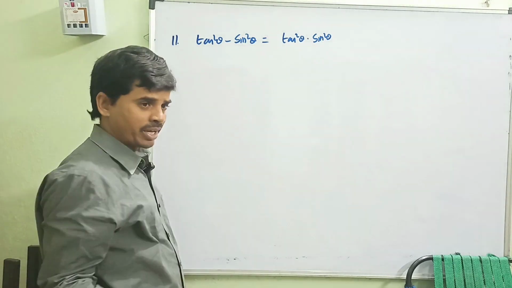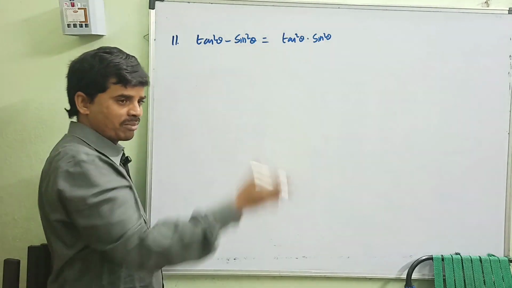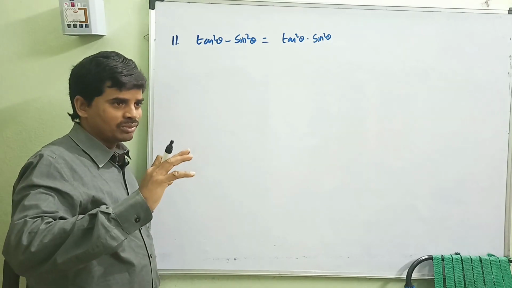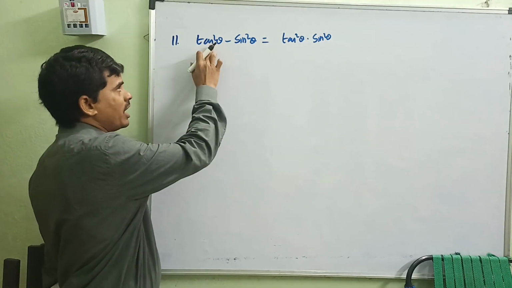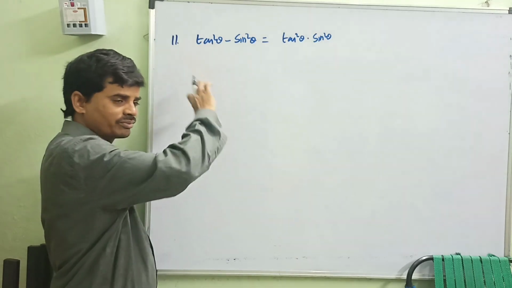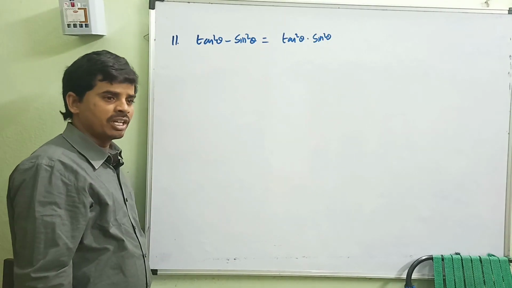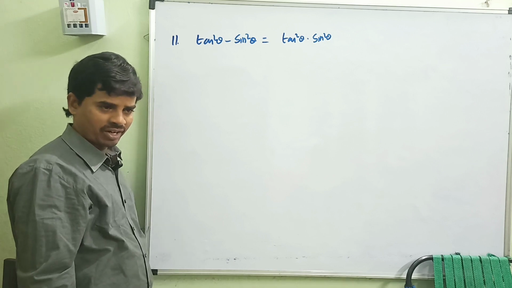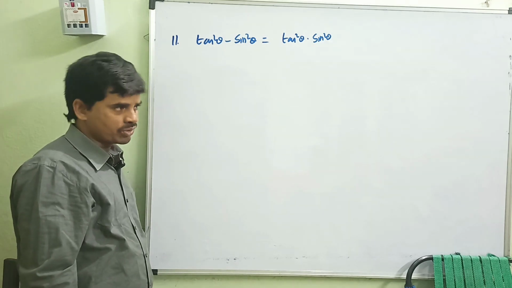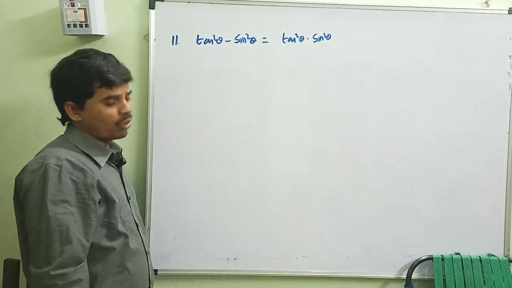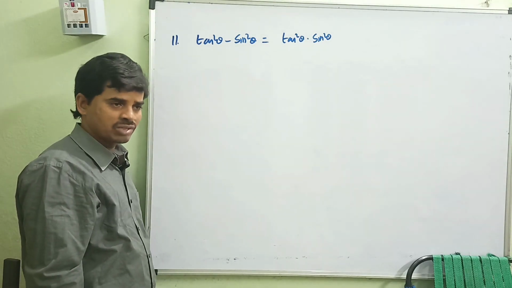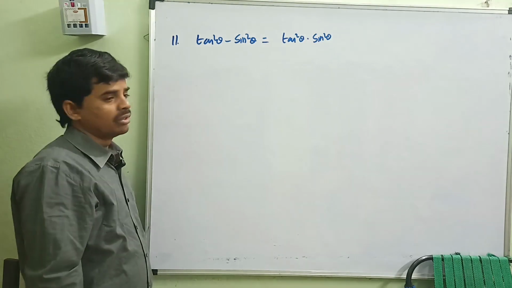There are many chances. It is in the form of a square minus b square, so a plus b, a minus b we can write. Or else we can write tan square as the reciprocal, 1 by cot square, or sin square by cos square, or else tan square we can write as secant square theta minus 1.